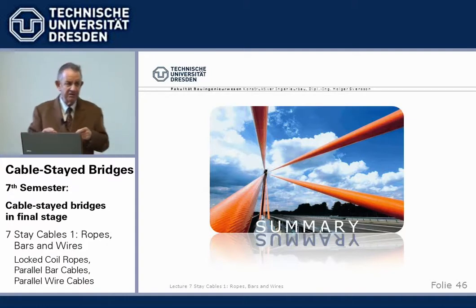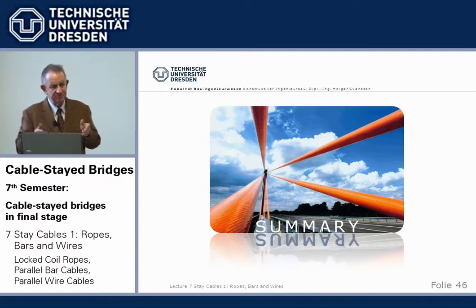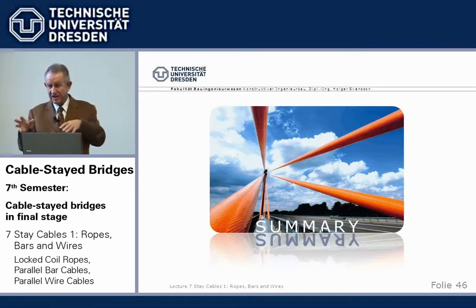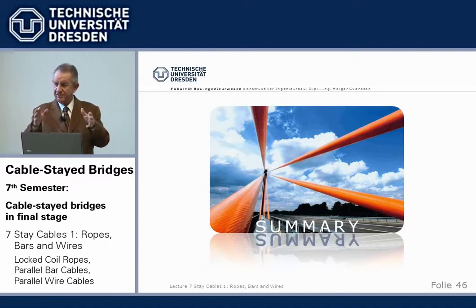And I've shown you 2 types, 3 if you want, of how it's done. We have the locked coil ropes: galvanizing of the wires, filling with some petroleum wax, and painting in various layers. So it's 3 barriers. The bars are basically a steel pipe on the outside filled with concrete, but that's not very important.